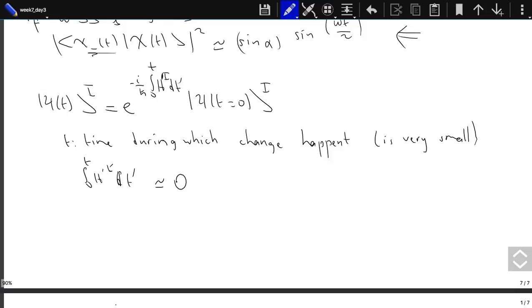We think of this as a somewhat inertia. Inertia of the wave function. Yes. Well, I would rather call it the continuity in time evolution. The time evolution is continuous. Even if the Hamiltonian changes fast, the time evolution should be continuous.